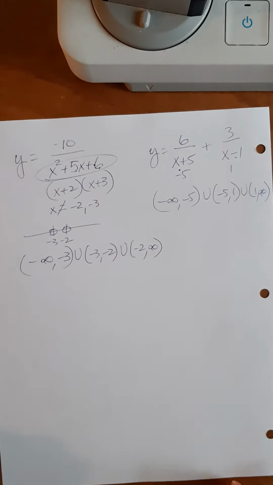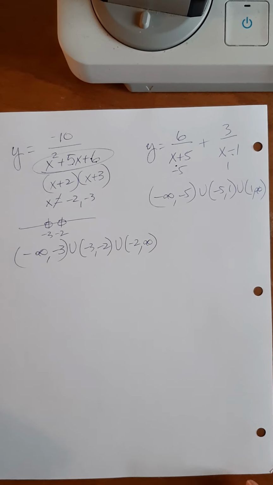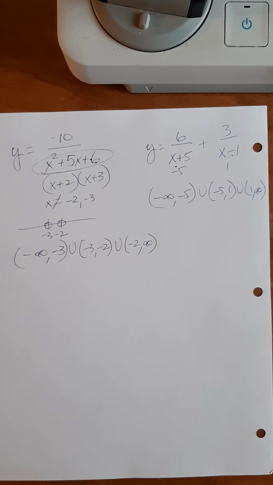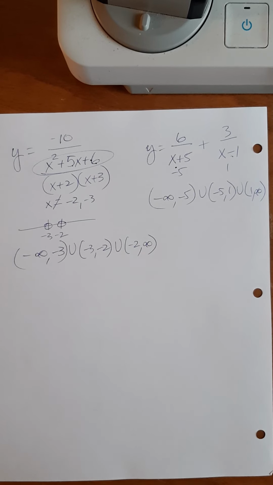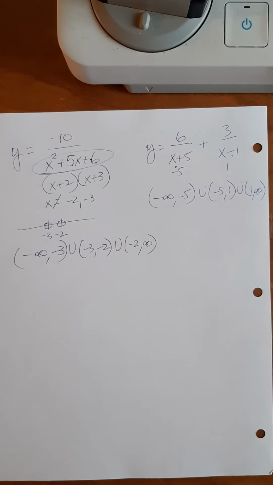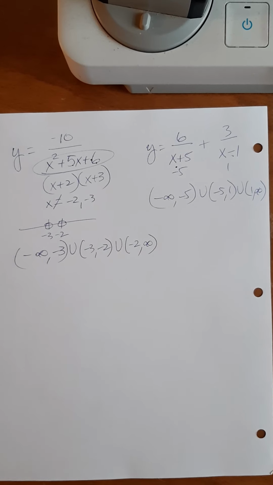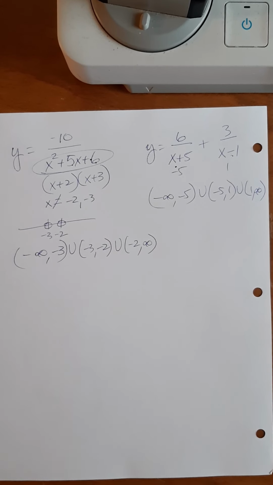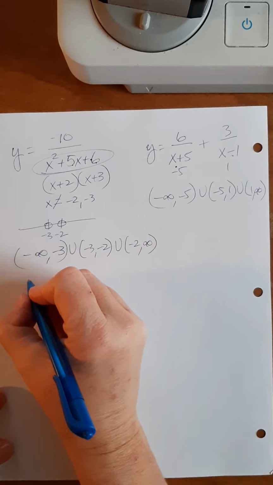So that is what you have to watch for on those. And now just be careful, sometimes you have to do a little bit of cleanup work. On the compositions, when you're doing the f of g's and then finding domain, sometimes you have to find common denominators, that sort of thing. I guess I could do one with you real quick.